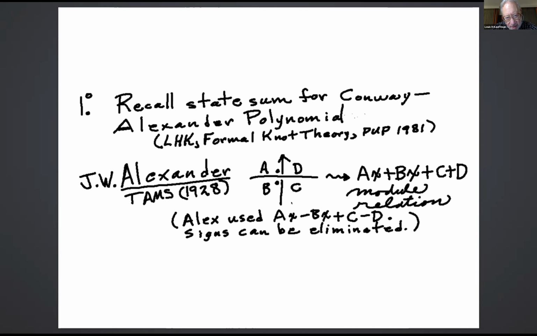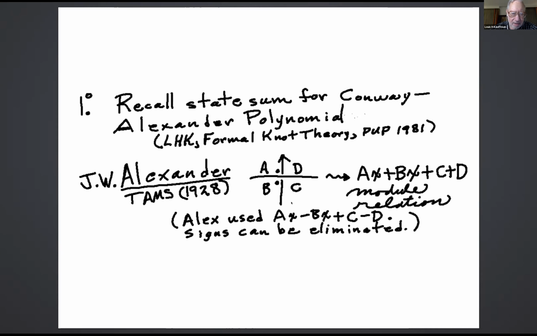And I write it down a little bit differently from Alexander, who had signs in it, because for my purposes, the signs don't matter. So we will get the Alexander polynomial without having to worry about these signs of Alexander. So you write down ax plus bx plus c plus d, and it's a module relation.